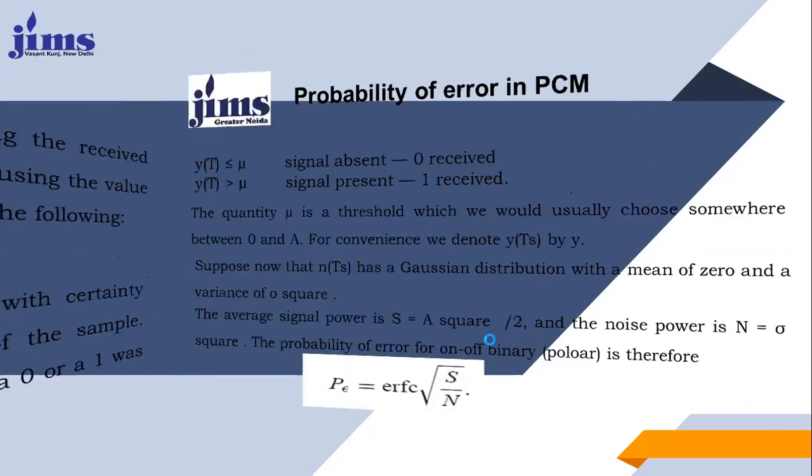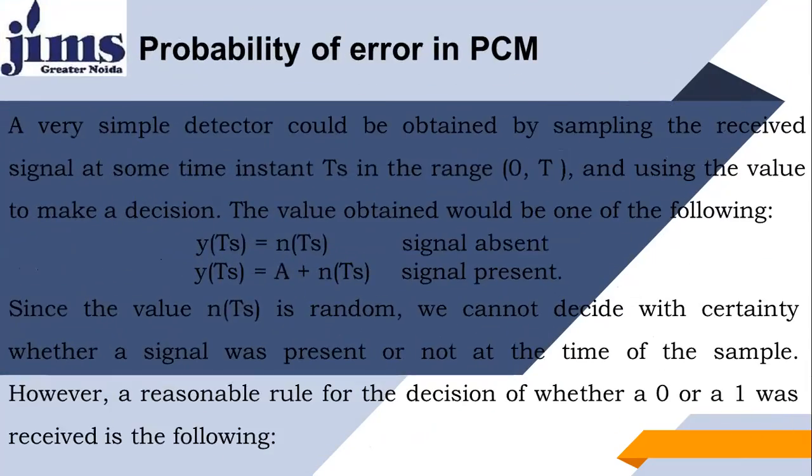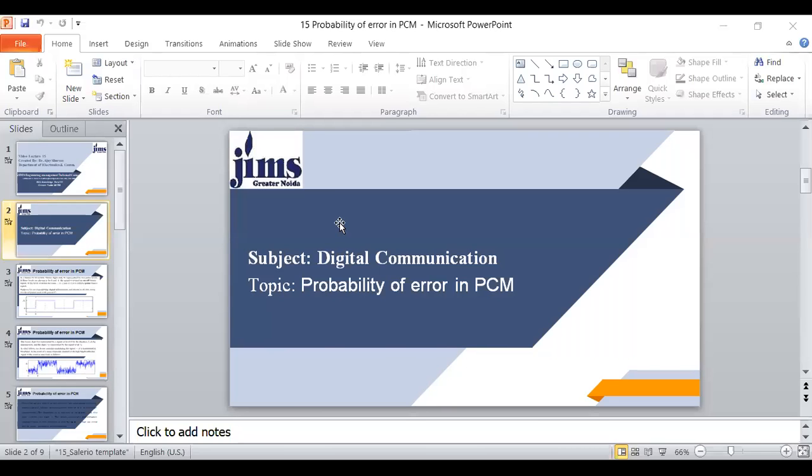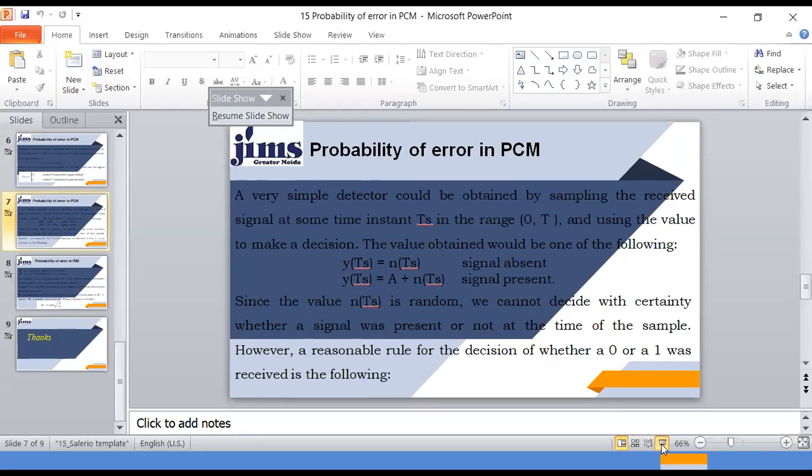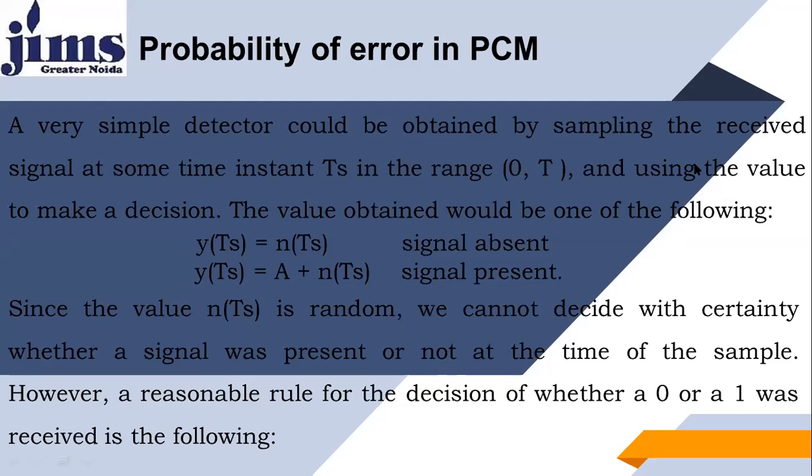Since the value n(ts) is random, because noise is random, you can't predict it.